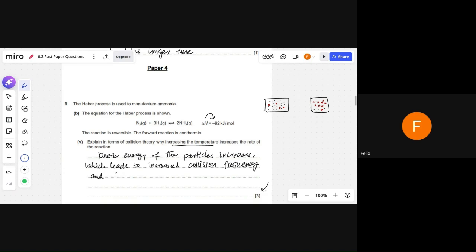And I'm going to write here that the kinetic energy of the particles increases, which leads to increased collision frequency, and more particles have the activation energy, right?